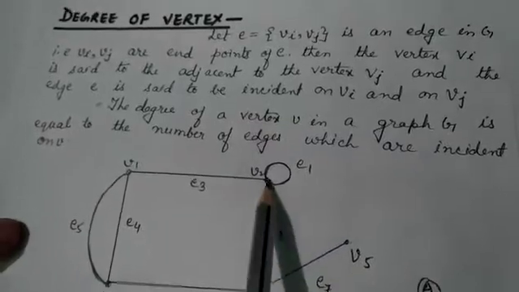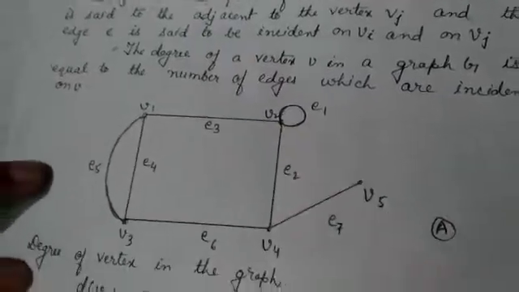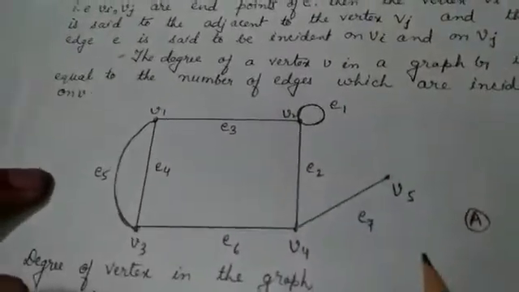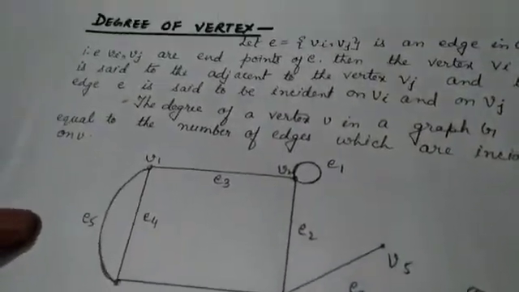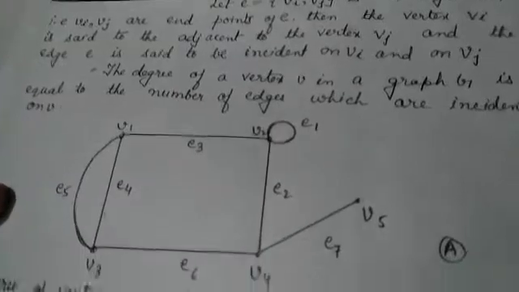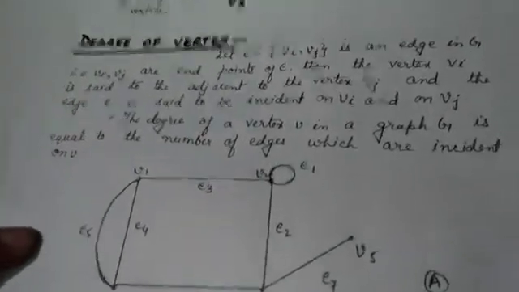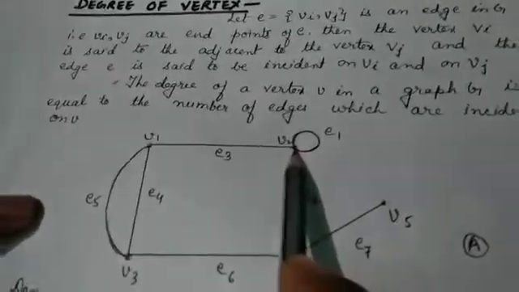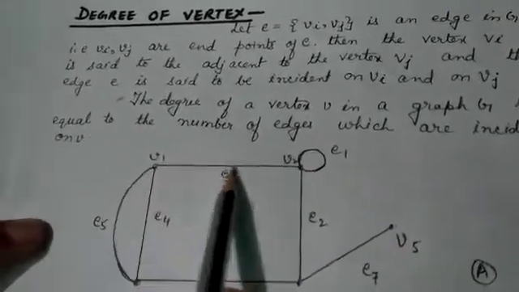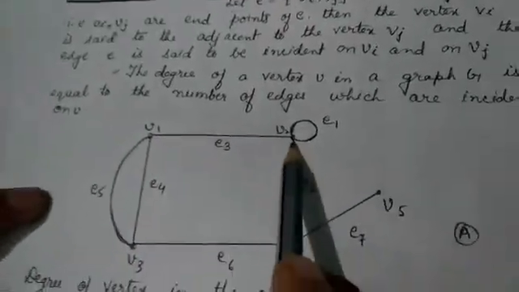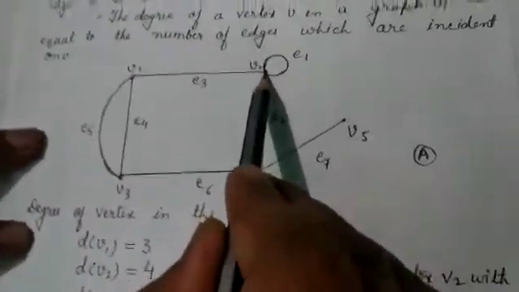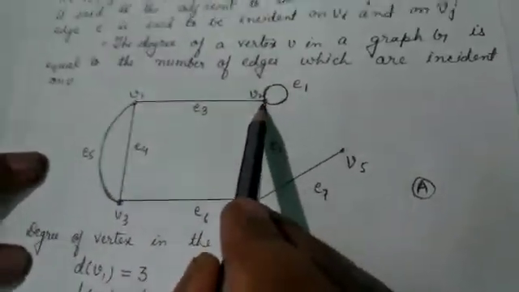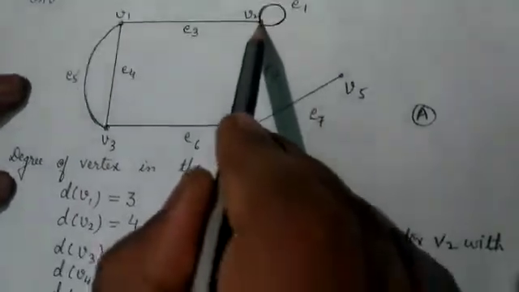Now we will find out the degree of vertex V2. Here you can see a loop. The self loop is counted twice, and edges E3 and E2 are also incident on V2. So the degree of vertex V2 is 4.